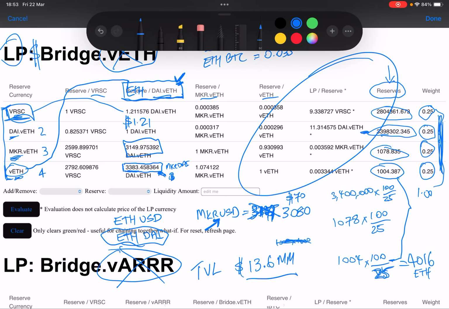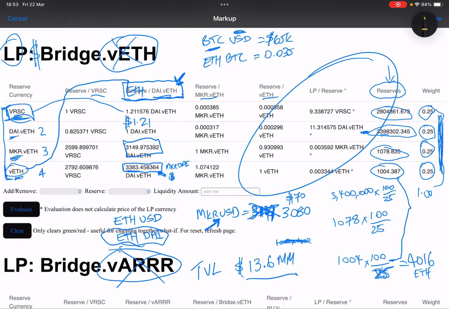Let's change color. Sometimes the Ethereum price in the basket might drop down to 33.78, and the Maker price might increase in Dai to 31.61. So what will happen is that will affect any pricing to do with Maker as the quote currency and ETH as the quote currency as well.